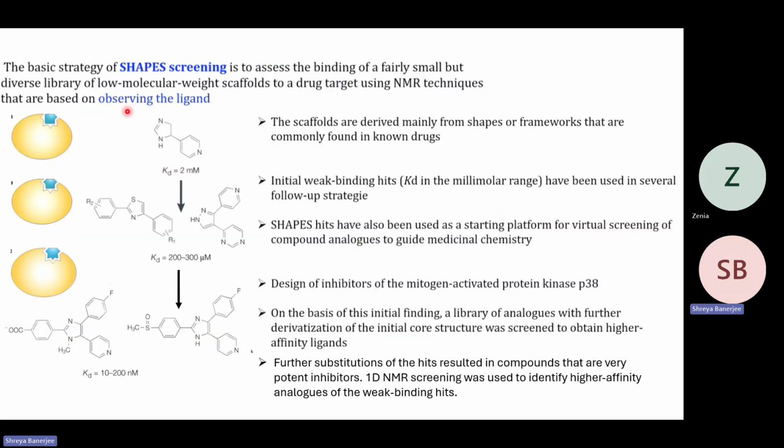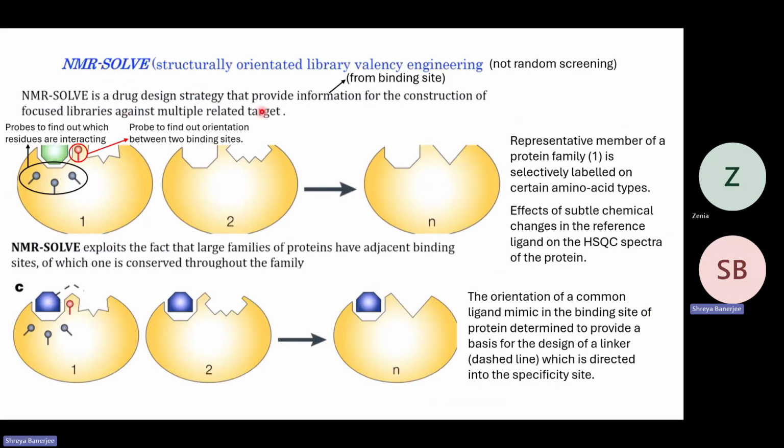So in shape screening, ultimately these libraries that we were forming were random. We were randomly derivatizing to find better and better hits. In NMR SOLVE, the library is formed based on the information of the binding site on the protein. And it is not against a single protein, it is against a representative member of a protein family.